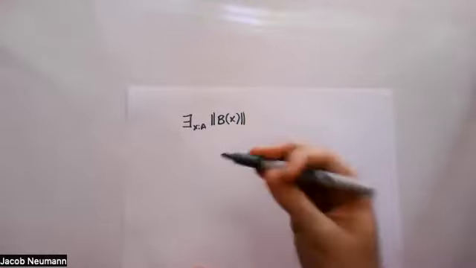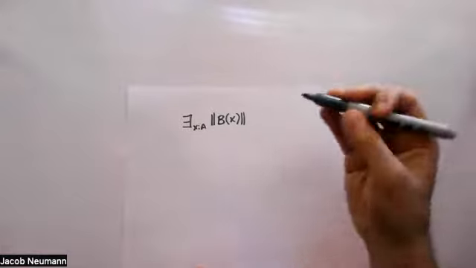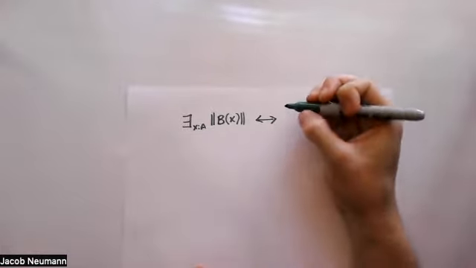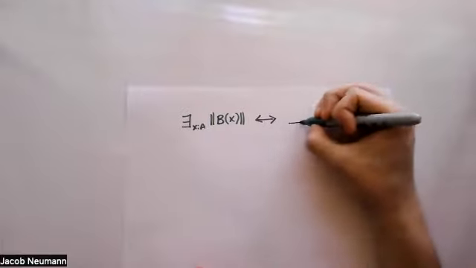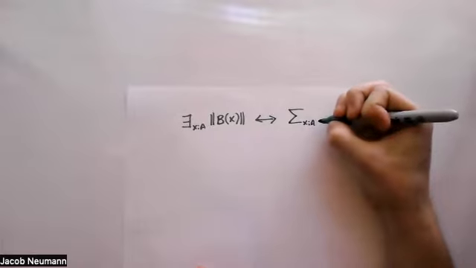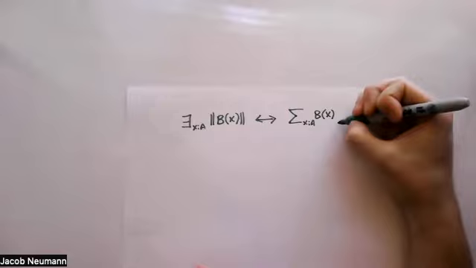So the truncation of B of x, so we know that there's some inhabitant, but we don't have any particular one. That's the same as saying that there constructively exists an x in A such that B of x, and truncating that.